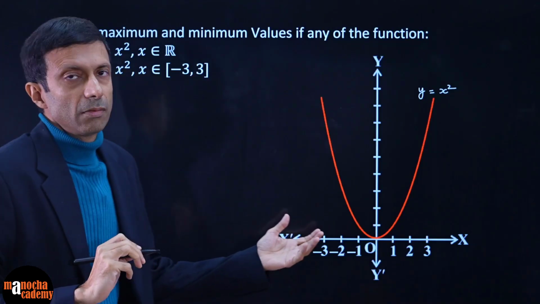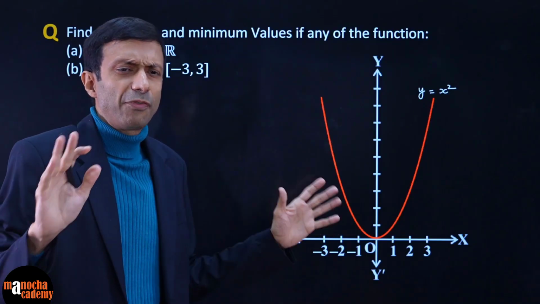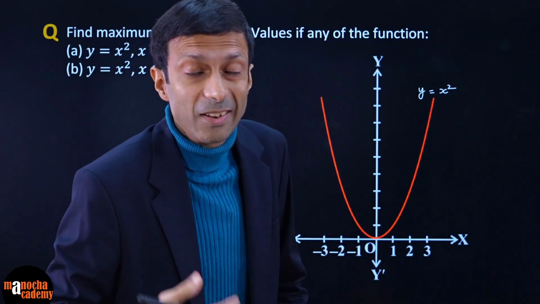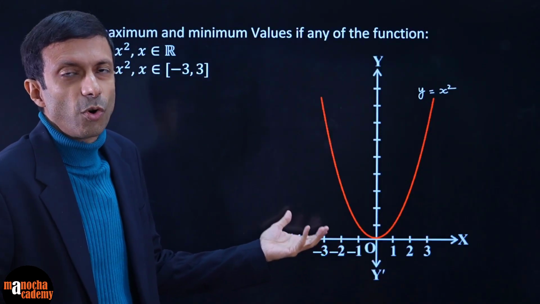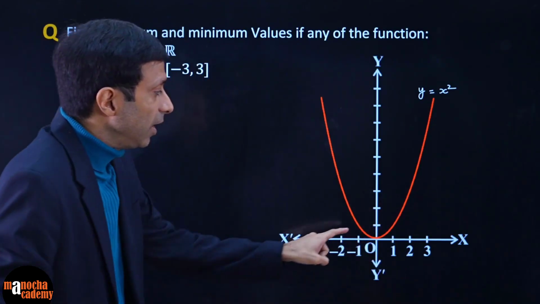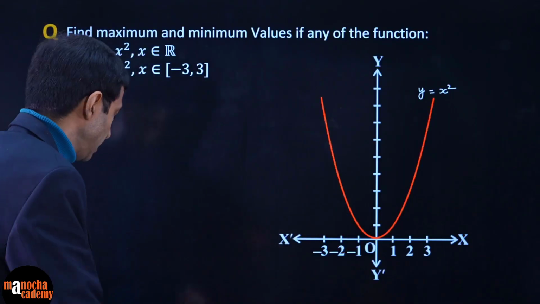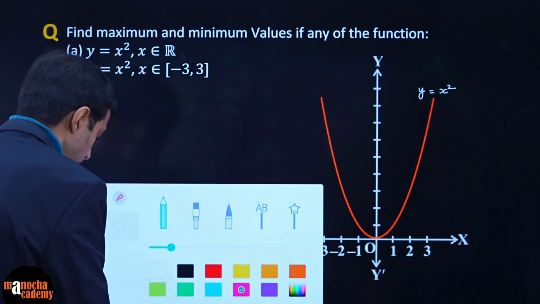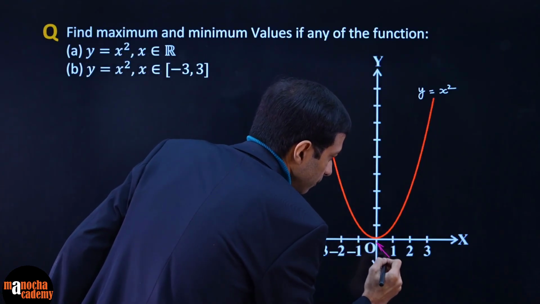Now you tell me, just looking at this graph, what is its minimum? Just graphically, we'll come to the mathematical, the calculus part. Just looking at its graph, it's very easy. You can tell me the maximum and minimum value for all real numbers. So clearly the bottom of the valley is right there. So we can clearly see that this is going to be the minima. Yes, this point is basically our minima.